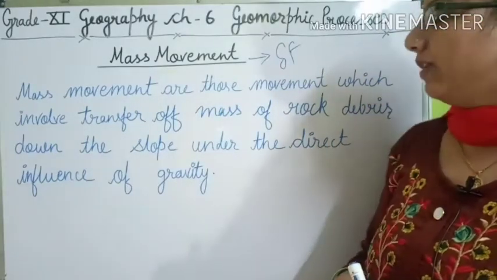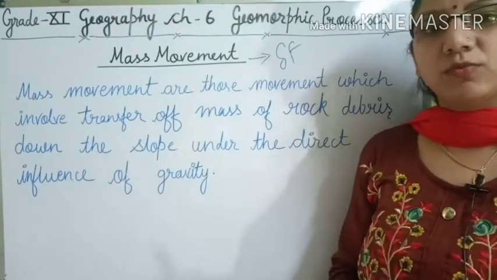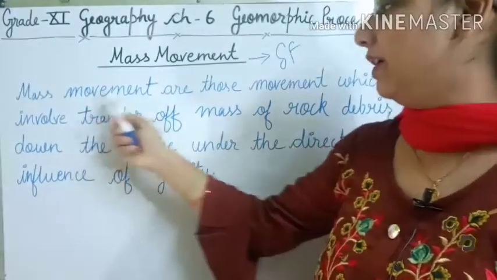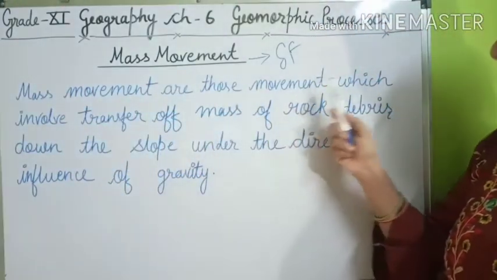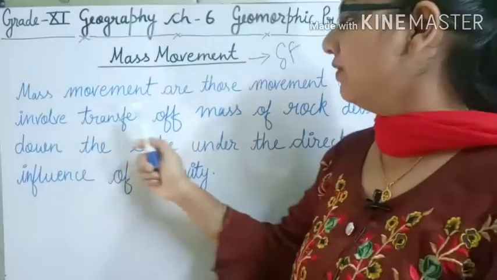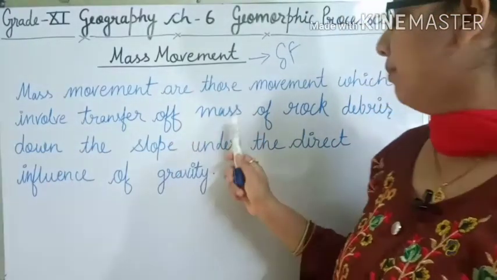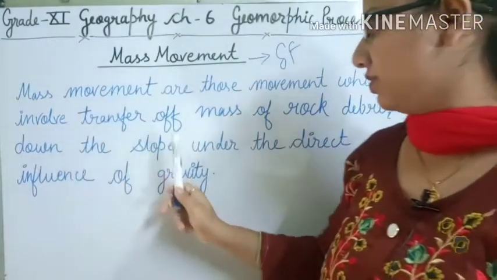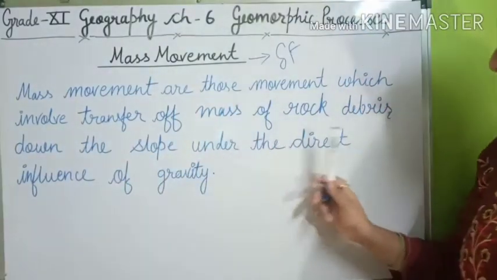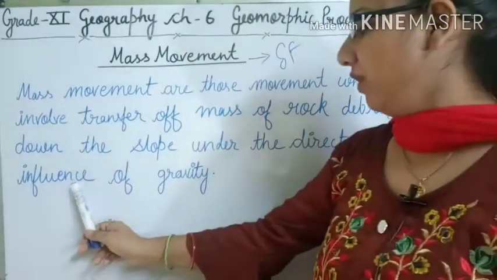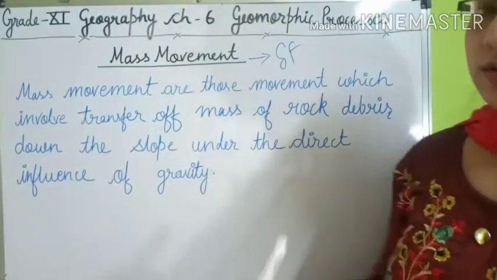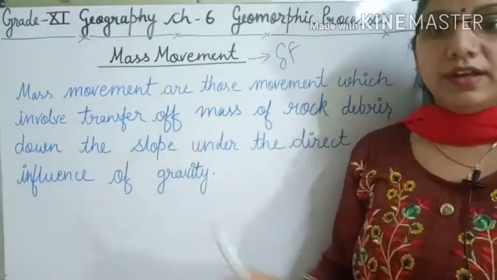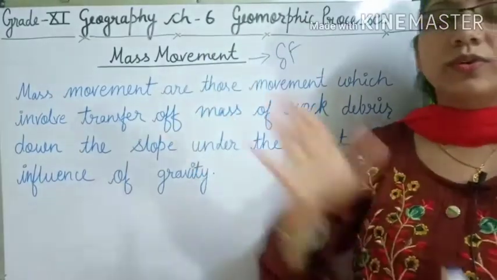Okay, so what is mass movement in a particular language? Mass movements are those movements which involve transfer of mass of rock debris down the slope under the direct influence of gravity. The movement of mass may range from slow to rapid.